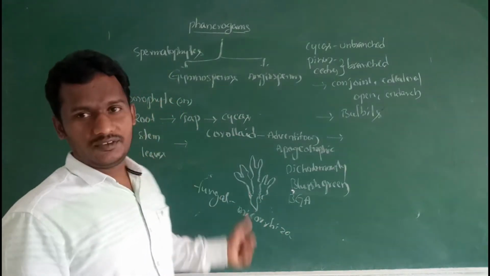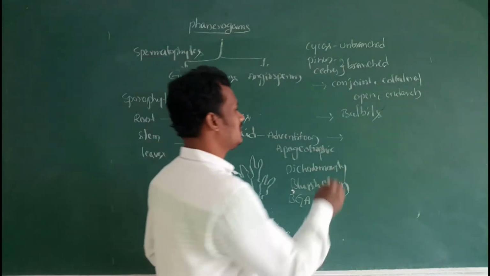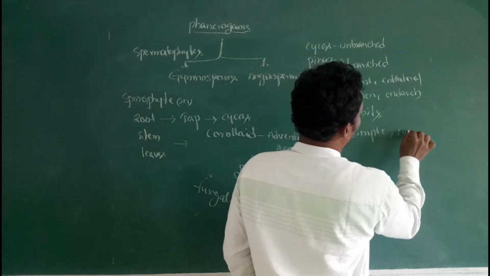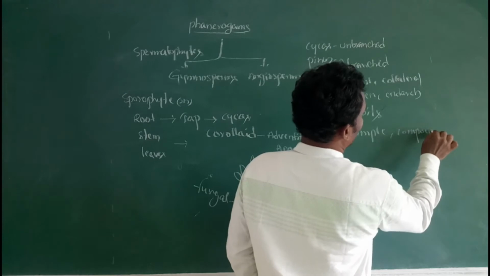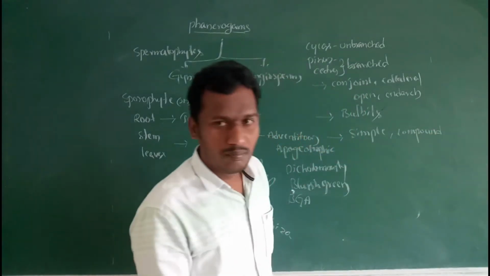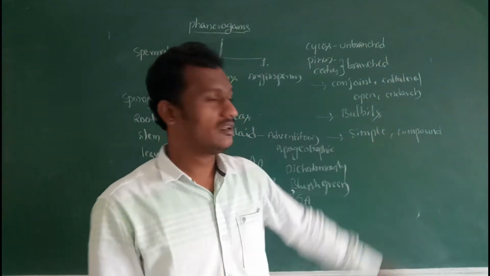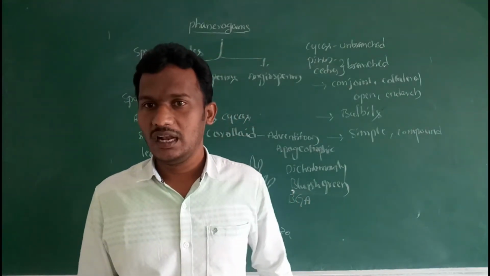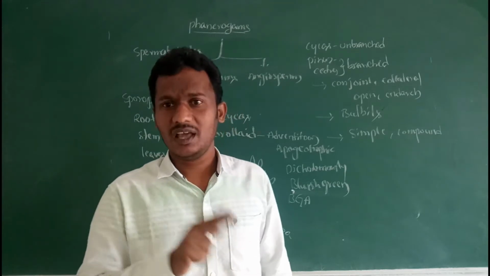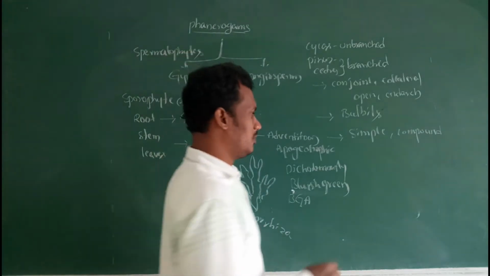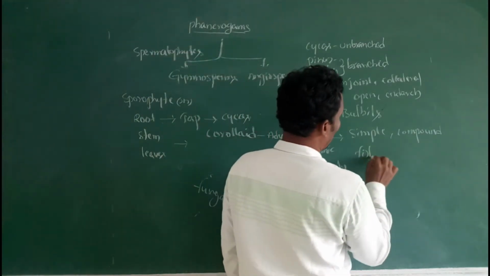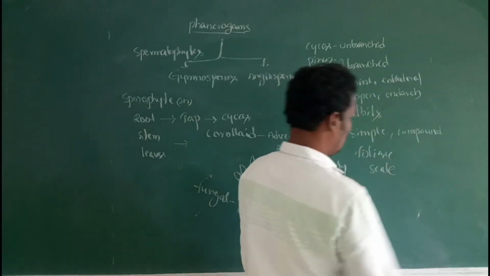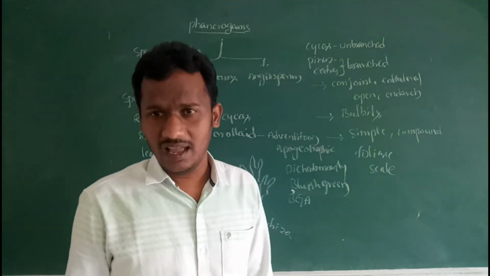Next, leaves. In gymnosperms, leaves are simple or compound, and the compound leaves are pinnately compound. Generally there are two types of leaves in gymnosperms: foliage leaves and scale leaves.